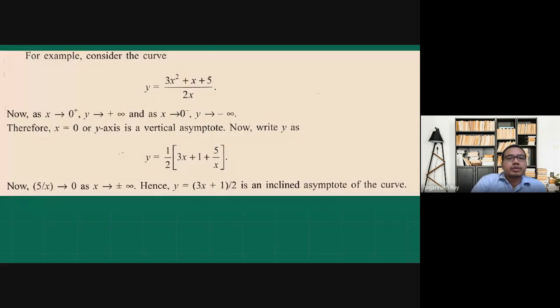So for example, if we take this function, then we can see that x equals 0, the y-axis, is a vertical asymptote, since x tends to 0 positive.